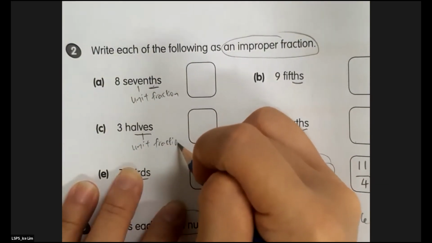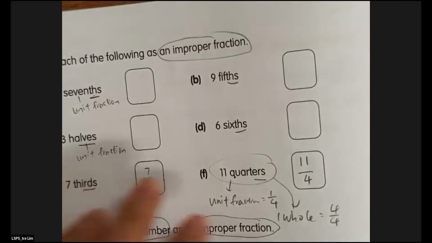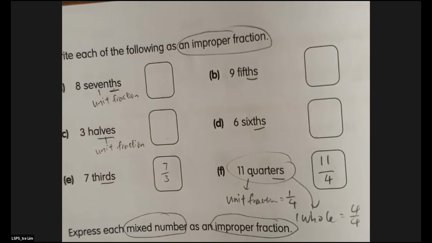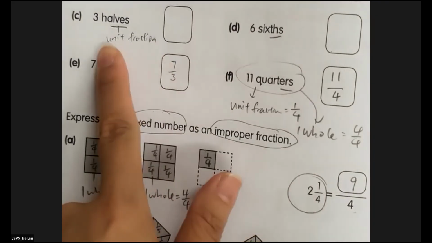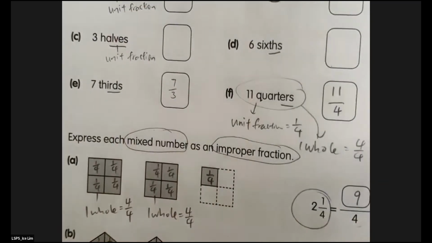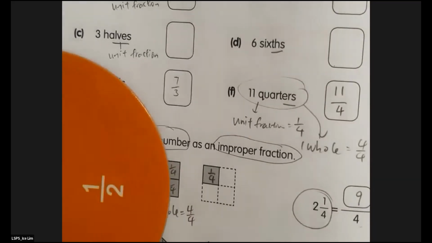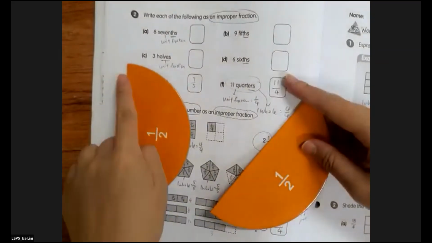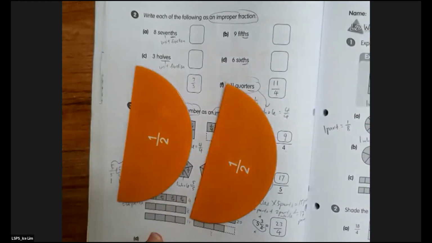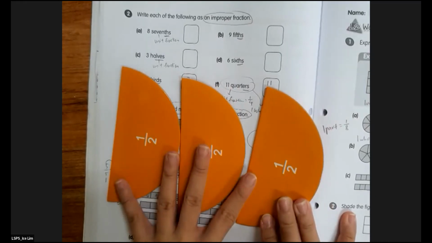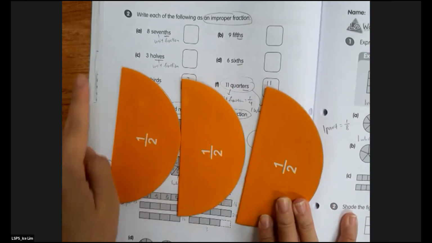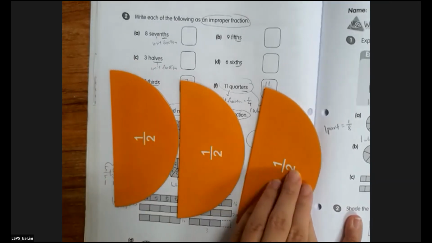So what does 1 unit look like? In other words, say for example, I'm looking at halves. So I ask myself, oh, I'm looking for halves. So I should be looking for the half that looks like this. If I'm looking at B, C, I'm looking at halves. This is what I'm talking about, I have halves. Okay? And C, I have 3 of these halves.